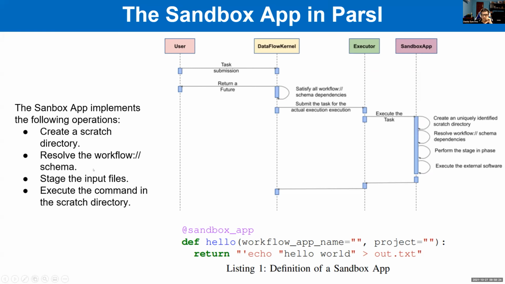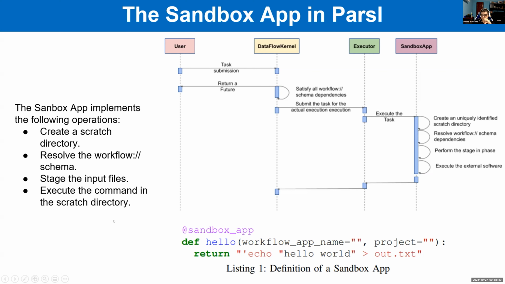Second, it resolves the workflow scheme to find out the dependencies of the workflow. Third, it stages the input files for each task in the workflow. And finally, it executes the command in the Scratch directory, writing the outputs of each task in the Scratch directory of the task.